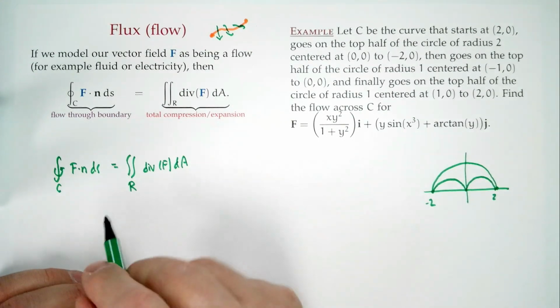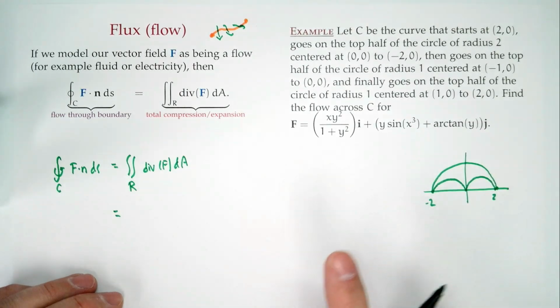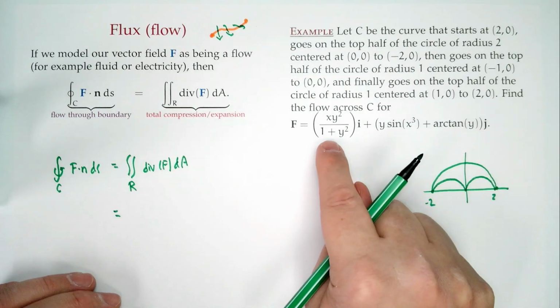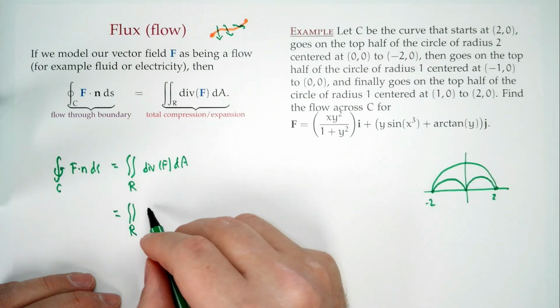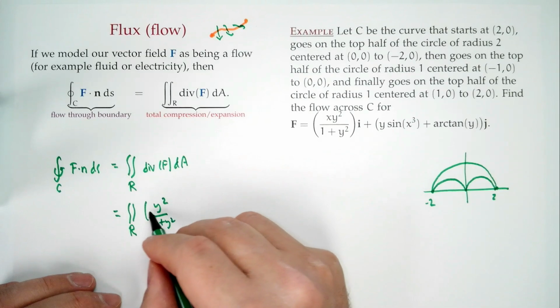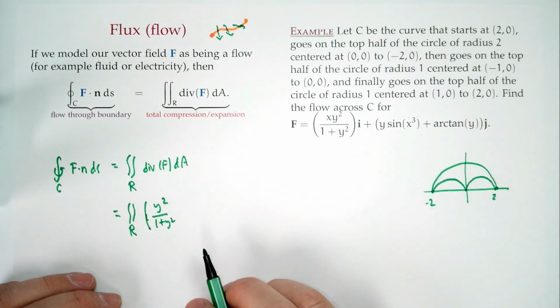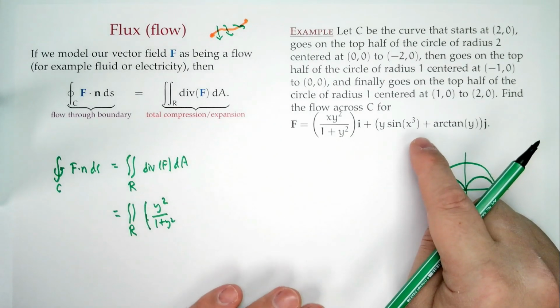Okay, so let's take the divergence. To take the divergence, we come to the first term and take the derivative with respect to x. So what's that going to be? Well, y squared over 1 plus y squared. We've got to integrate that? No, because we have even more coming up. Okay, now what?